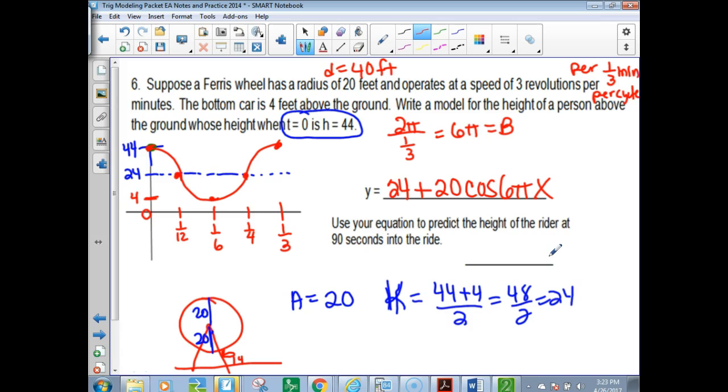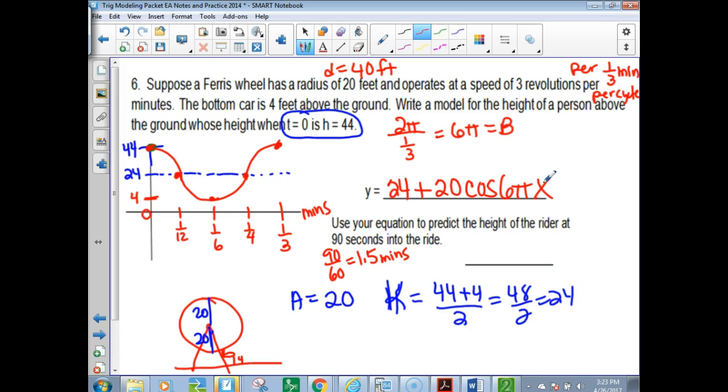But it says to use our equation to predict the height of the rider 90 seconds into the ride. Is our ride in seconds the way we have it labeled? No. So let's convert the 90 seconds to minutes, and then we can pop it in for X. 90 divided by 60 is 1.5 minutes.